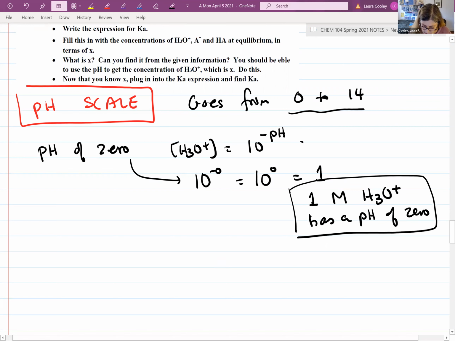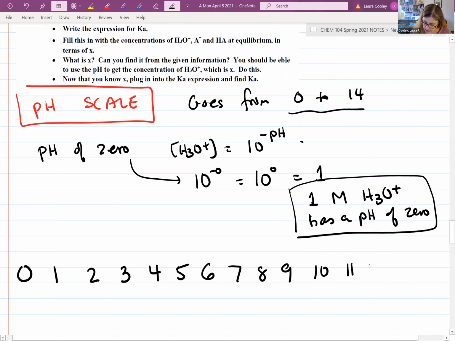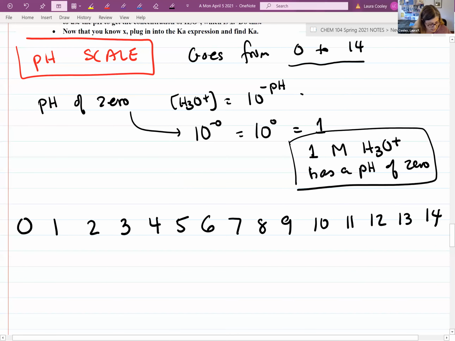And of course, that pH of 0 is very low down on the pH scale. It starts at 0, right? 0, 1, 2, 3, 4, 5, 6, 7, 8, 9, 10, 11, 12, 13. Look at that, I did it. That's practically never happened before. So down here, you have your very strongly acidic.